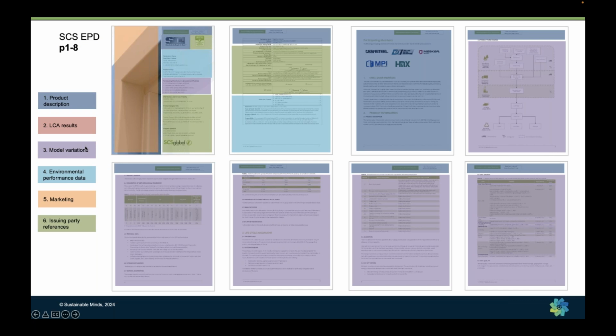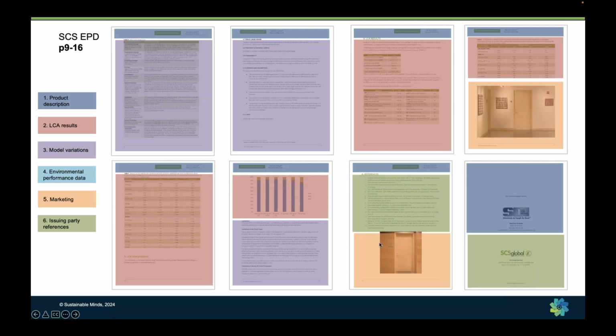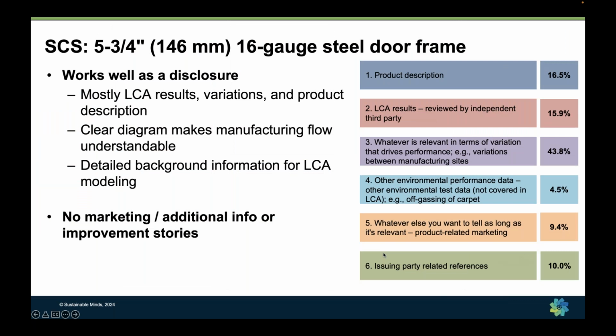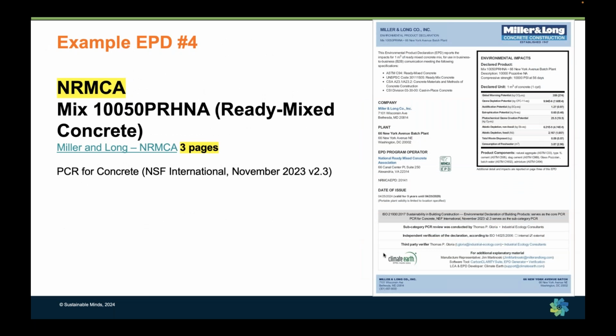You can see a lot of modeling variations, more modeling variations, more LCA results. 2 pictures we called marketing. And again, here's the results. It works well as a disclosure, great diagrams, and a lot of background information on the LCA modeling, and no marketing or additional info or improvement stories.